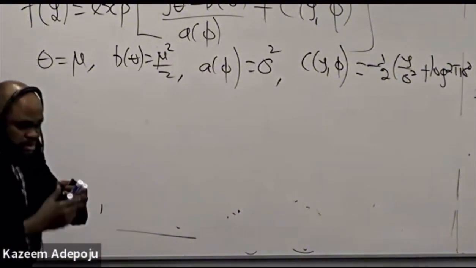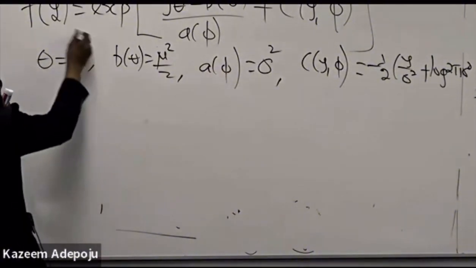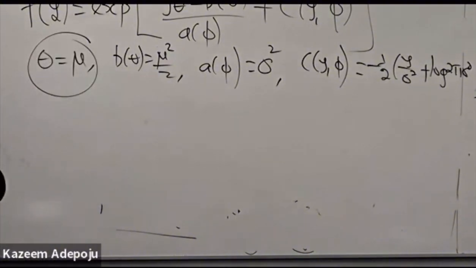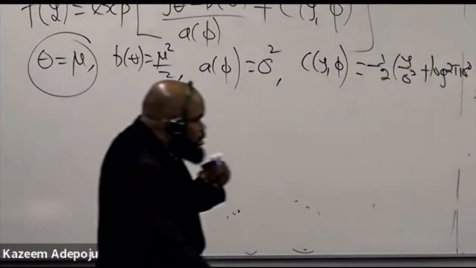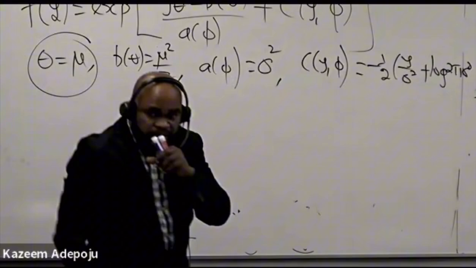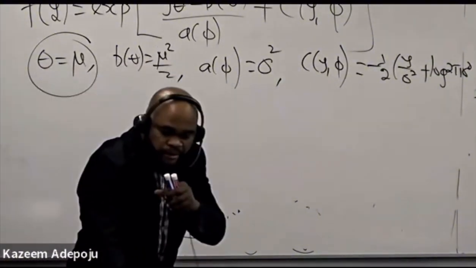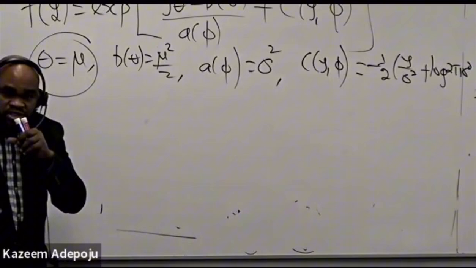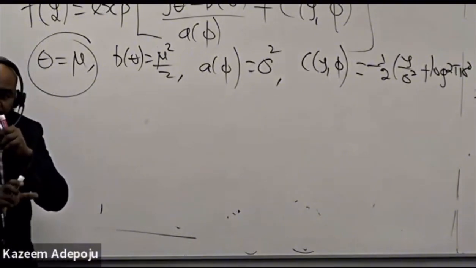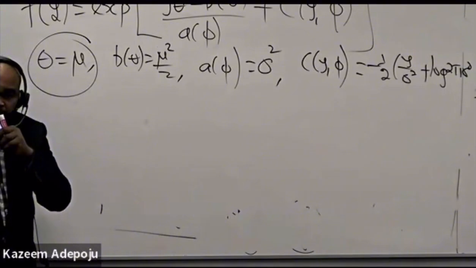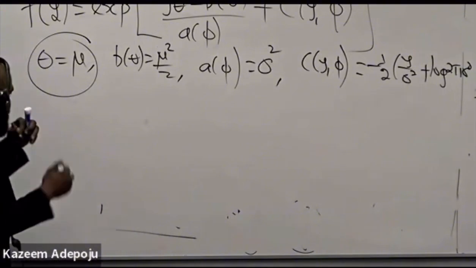This is going to be the link function, because for every distribution that is a member of the exponential family, we need a link function, a function that will link the random component to the systematic component.